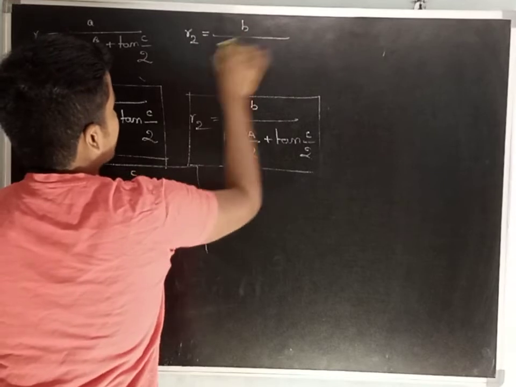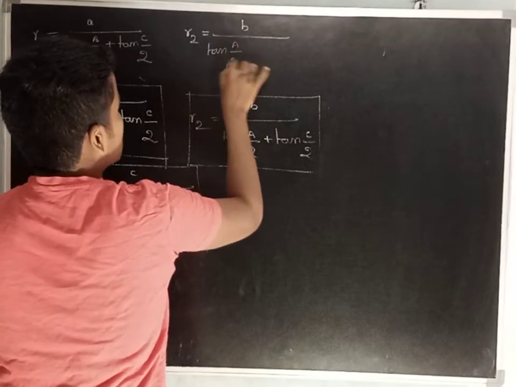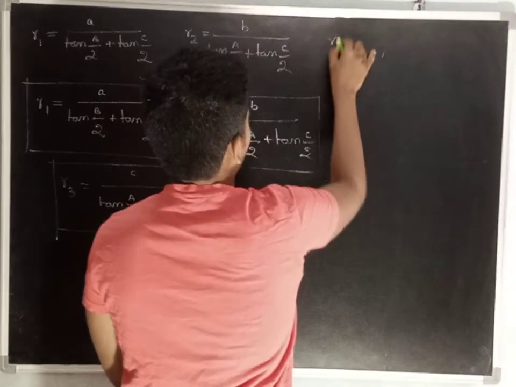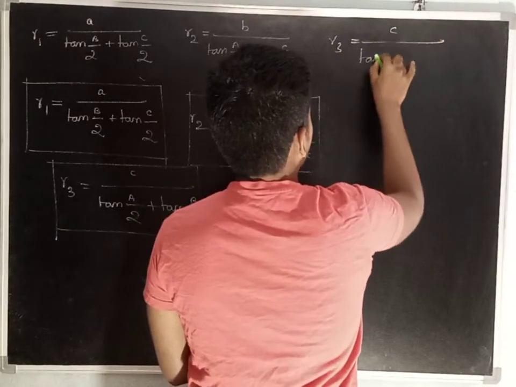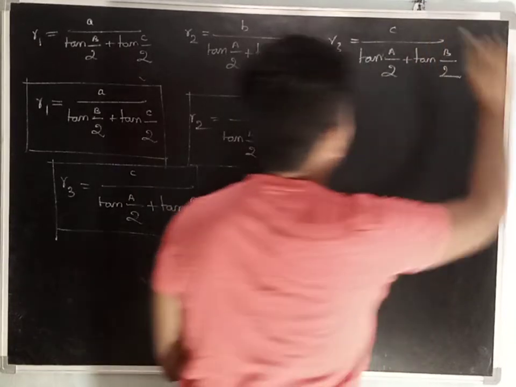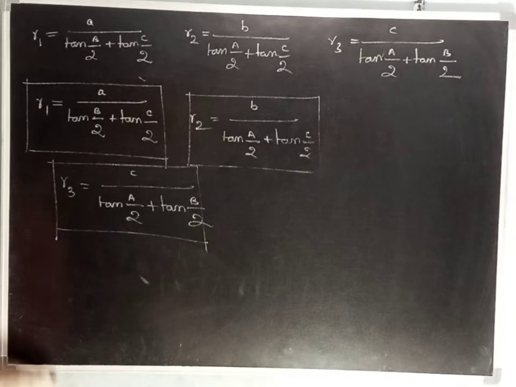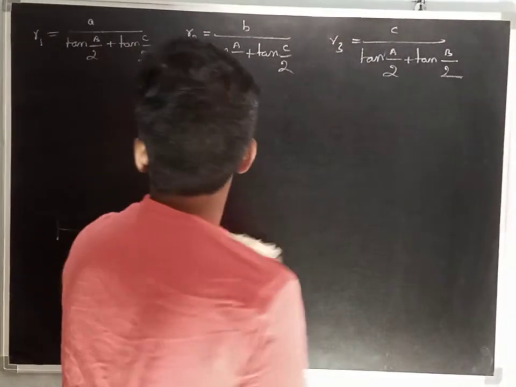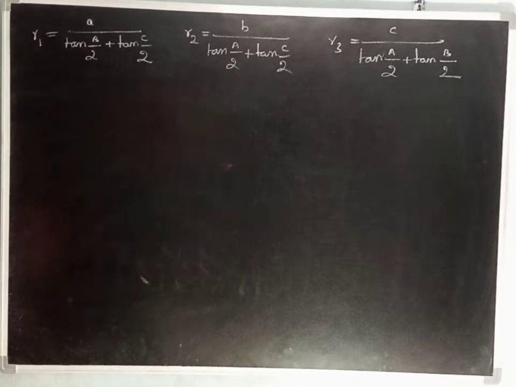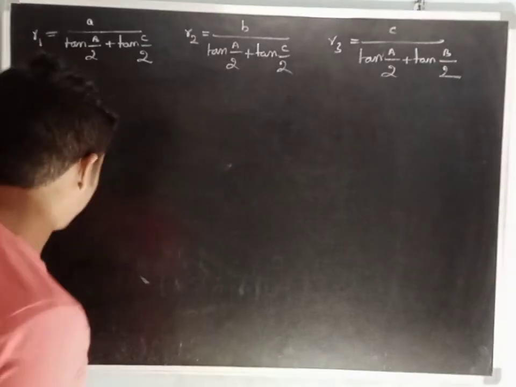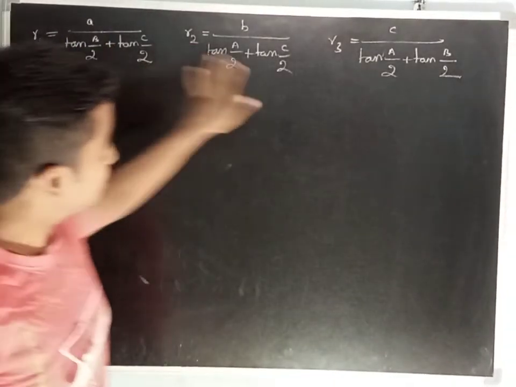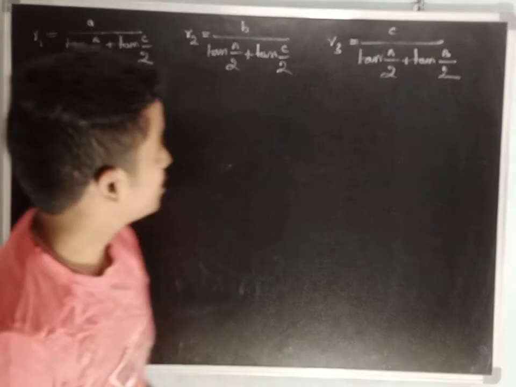R2 is equal to B by tan A by 2 plus tan C by 2. R3 is equal to C by tan A by 2 plus tan B by 2. These are the three results that we have derived.